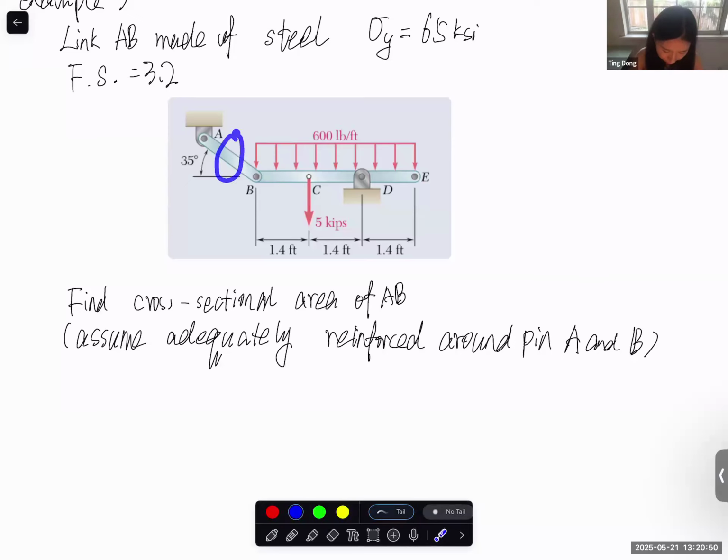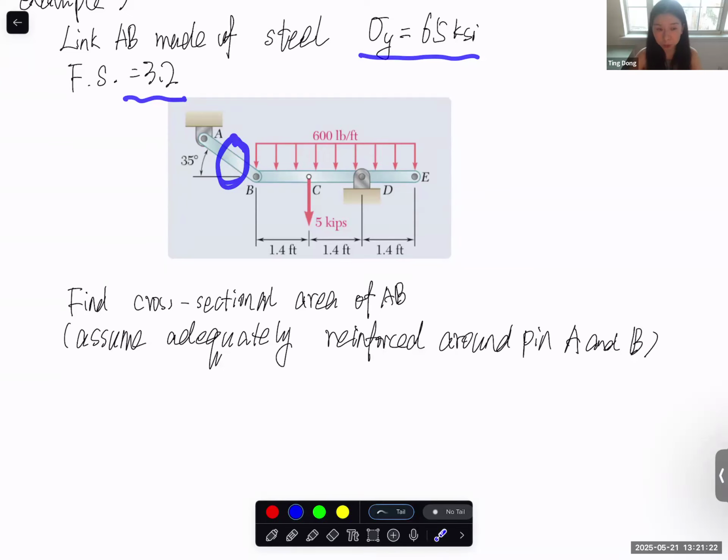So we need to find the stress in AB, and because we have a safety factor here now, it's not simply that this stress is lower than this one. We need to make sure that the yield strength over the maximum stress in AB should be greater than or equal to safety factor 3.2. So you can satisfy 3.2, right? Of course, the stress you calculate in AB is a function of cross-section area, so you can calculate the area.